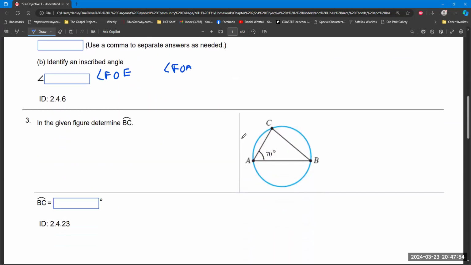Speaking of which, we have an angle here that is an inscribed angle. Here's this arc BC, and it is defined well by this inscribed angle CAB right here.